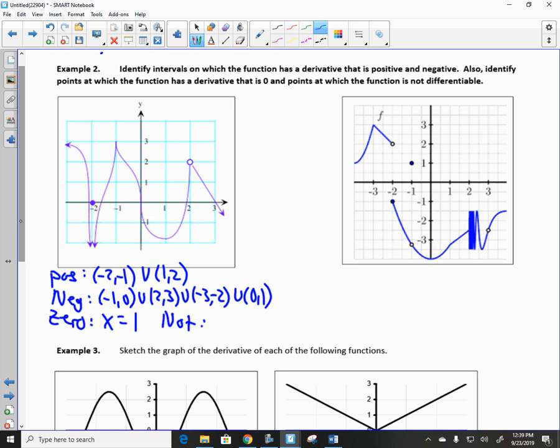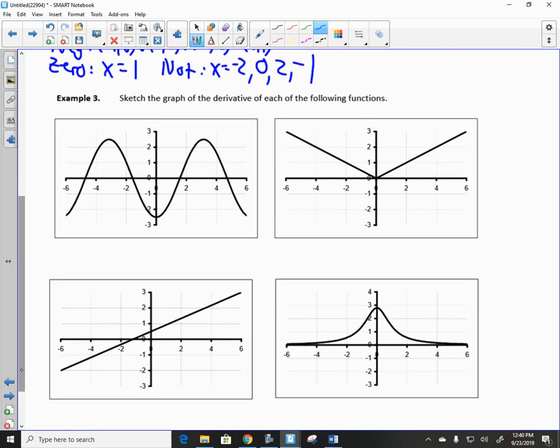Anybody want to guess where the function is not differentiable, where we cannot take the derivative? -2. 0. 2. -1. Everybody clear? I'm looking for where derivatives are 0, where they're positive, and where it's not differentiable. Great.